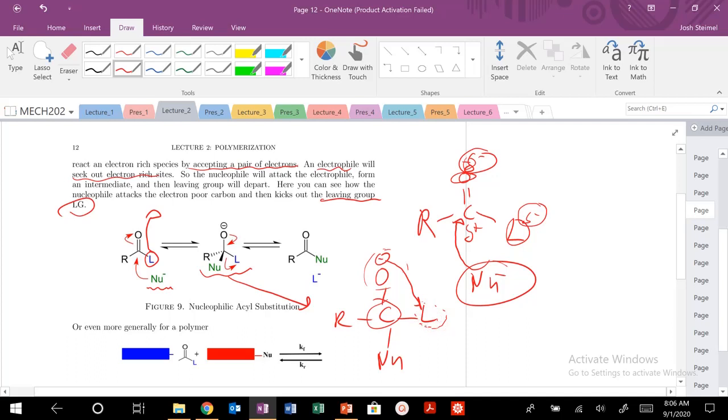It's going to be transferred here, and the leaving group is expelled as a byproduct, partially negative, and that's it. It kicks out the leaving group, hence the name leaving group. What you end up with is the nucleophile substituting in for your leaving group. That's what's going to happen through all our polymer chemistry.